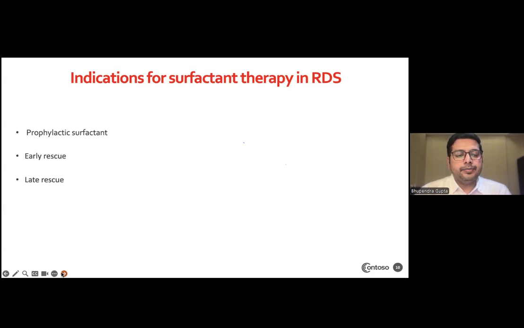The most common way we use surfactant is early rescue. In early rescue, after initial stabilization with non-invasive respiratory support, within the initial 2 hours, if the criteria match, then we give surfactant. And in some cases, in outborn neonates who reach the NICU late, after 2 hours, we use late rescue surfactant.